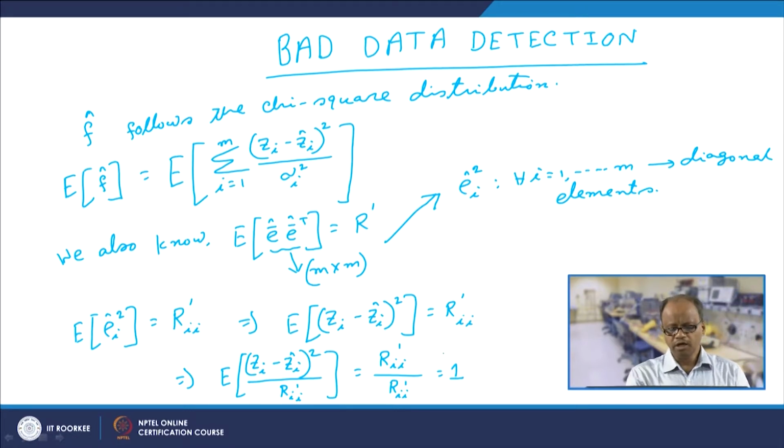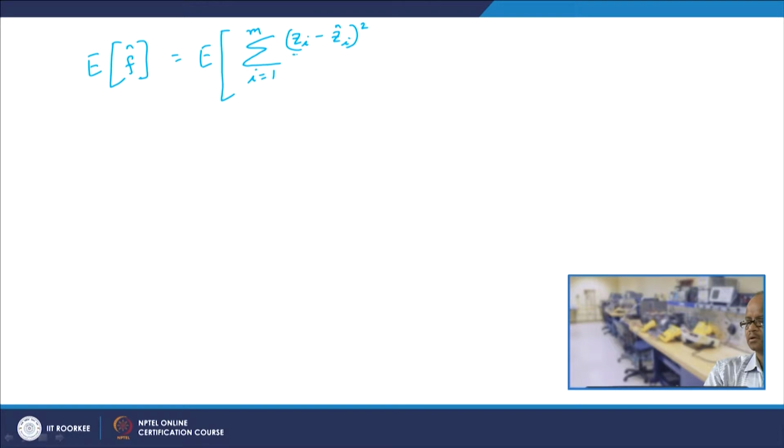Now, if I utilize this in this expression, what do we get? The expected value of f hat is the expected value of the sum from I equal to 1 to m of (Z I minus Z I hat) square by sigma I square, that we have already seen.